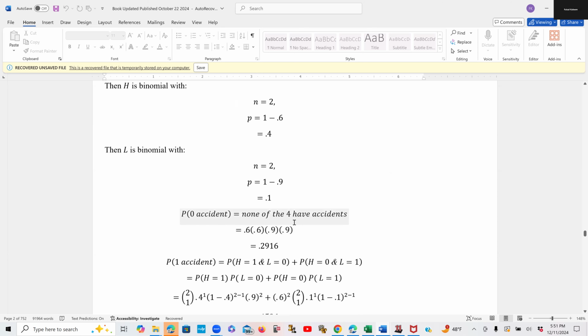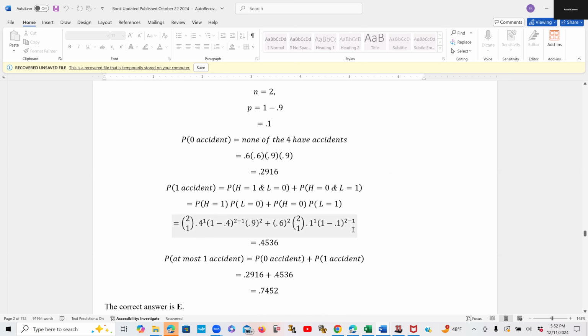And so we multiply all these 4, because this is like saying that first high risk doesn't have an accident, and second high risk doesn't have an accident, and first low risk doesn't have an accident, and second low risk doesn't have an accident, and we know and means multiplication. So that's why we multiply all these 4. And so the probability of zero accidents would be 0.2916.